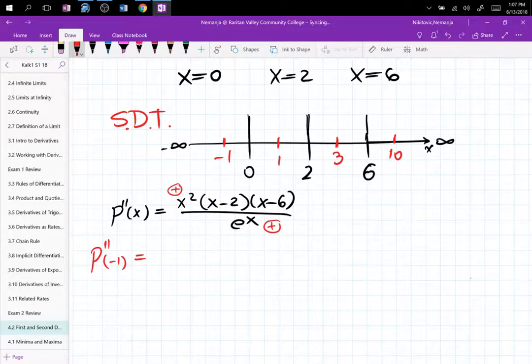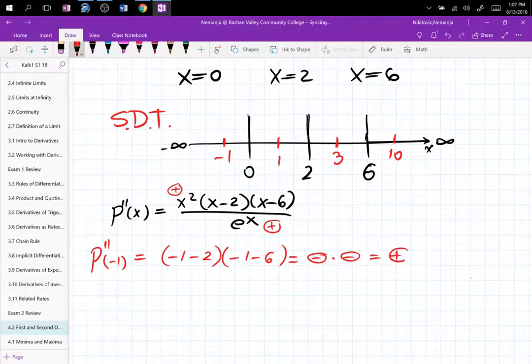The only thing we have to worry about is x minus 2 and x minus 6. So I'm technically just looking at -1 minus 2 times -1 minus 6. And that is negative times negative, which is positive. So concave up on the first.